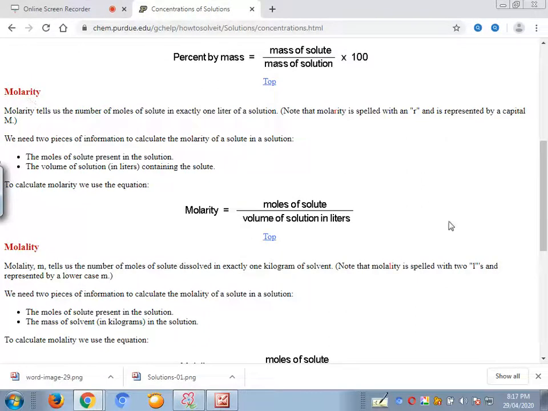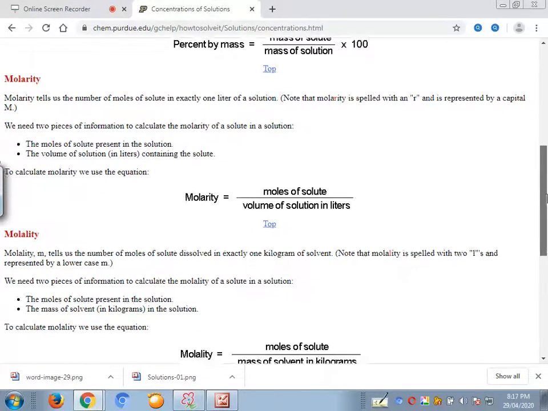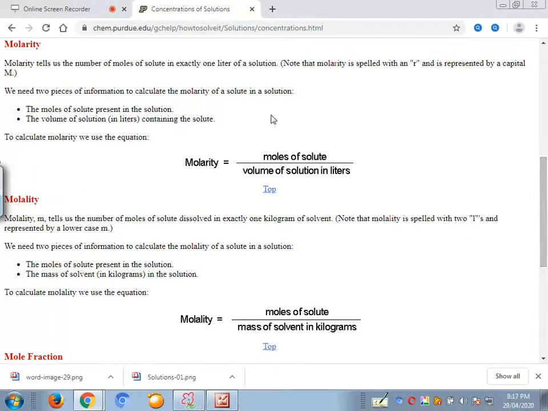Here you can see the term called molarity and its definition. Molarity tells the number of moles of solute in exactly 1 liter of solution. So you should see here, it is very important, 1 liter of solution.